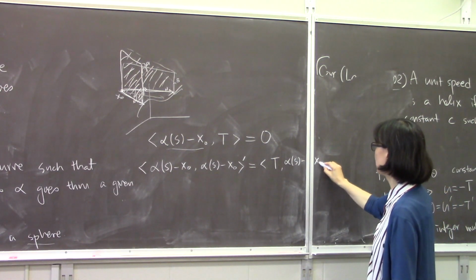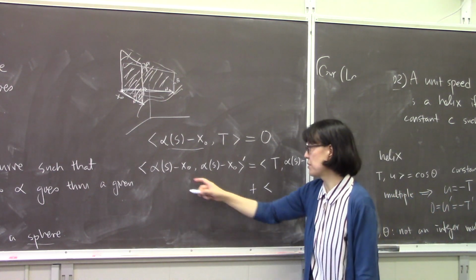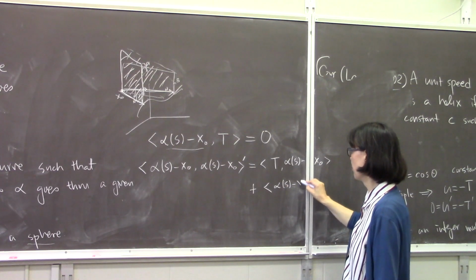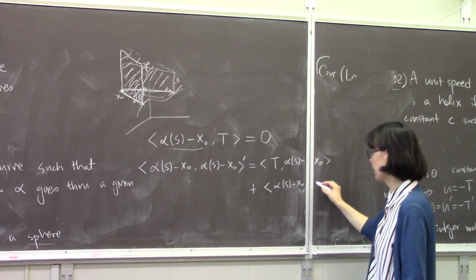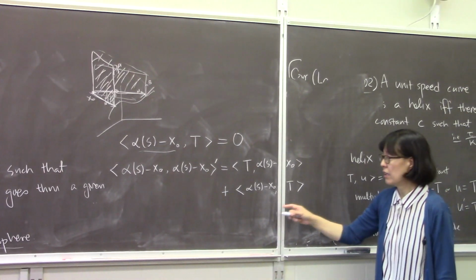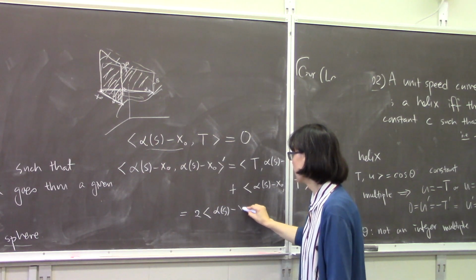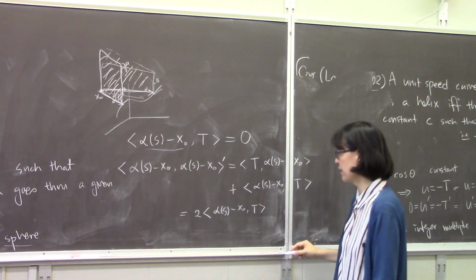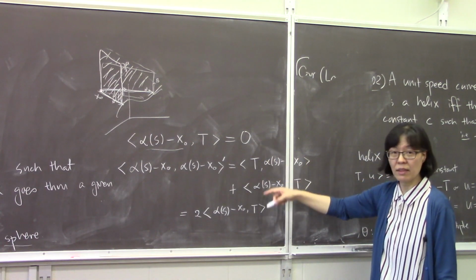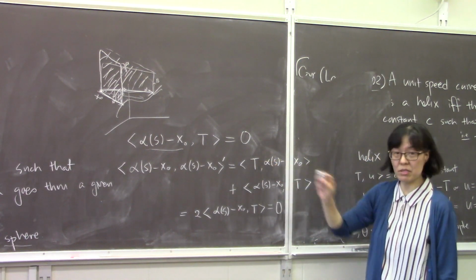So we have x0, and plus leave the first the same, and take the derivative of the second, that is t. Right? So we have 2 of this. Then what is that? We have this is a 0 by our assumption.